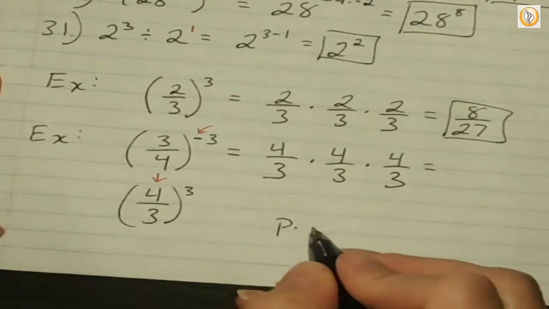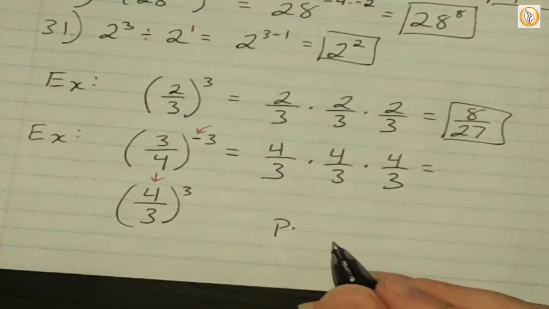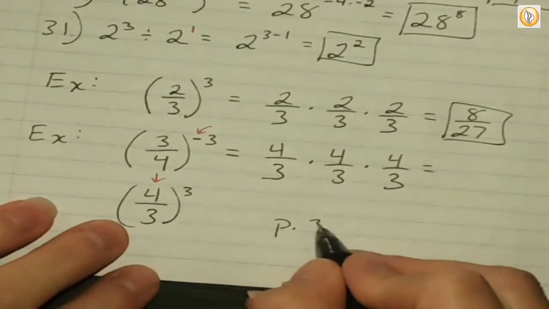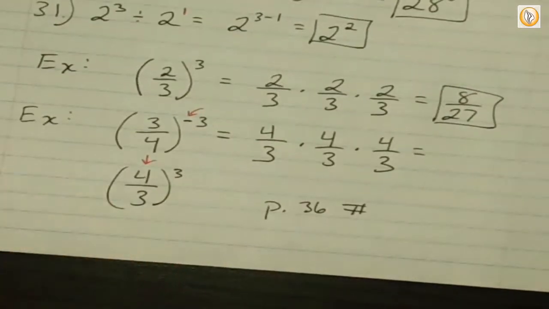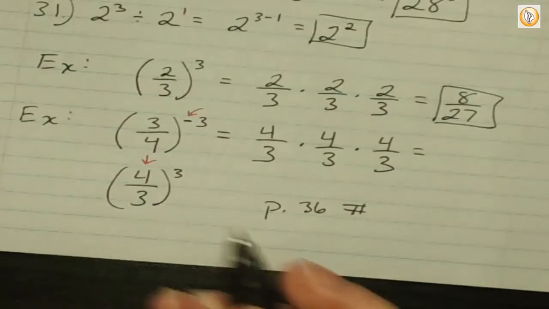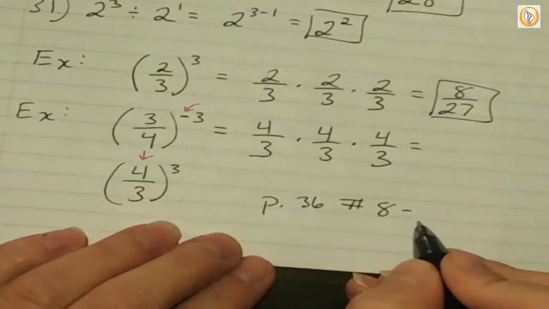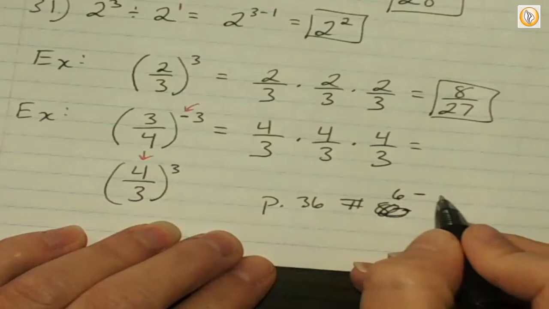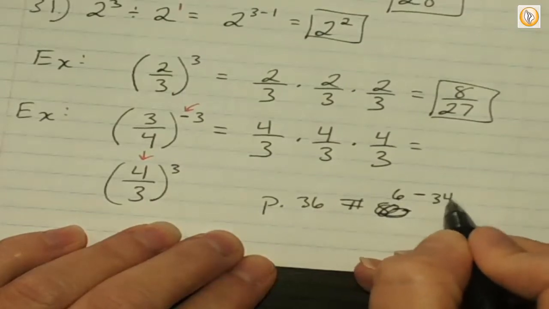All right, so you're doing page 7, numbers 6 through 34 even.